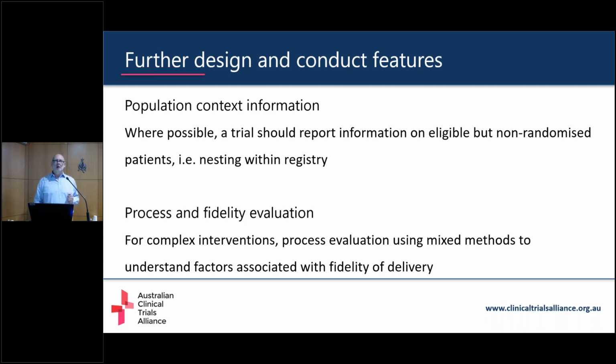But the 3rd column is data from the registry for patients who are eligible for the trial but are not randomized, including from other sites. And it's just a wonderful way of providing population context to demonstrate that the control population is very representative of the actual population into which the results would be applied.